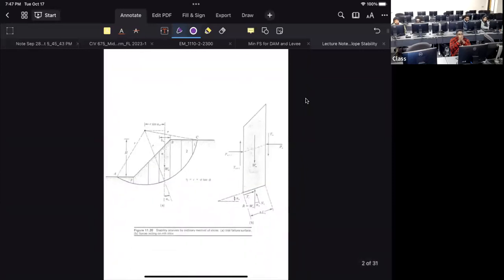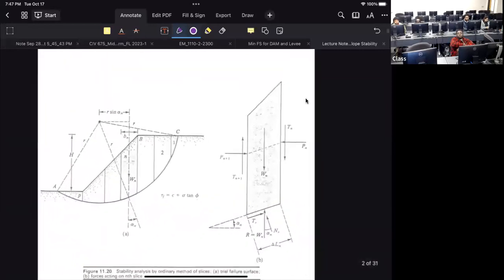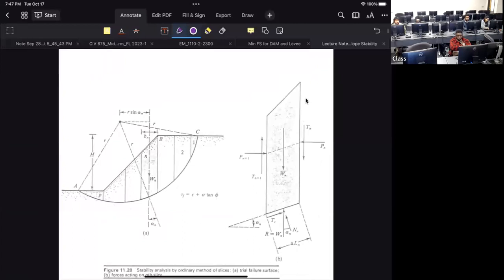In the ordinary method of slices, we try to consider two things. Let's say there is a slope failure. If there is a slope failure, it is going to create a slip surface.